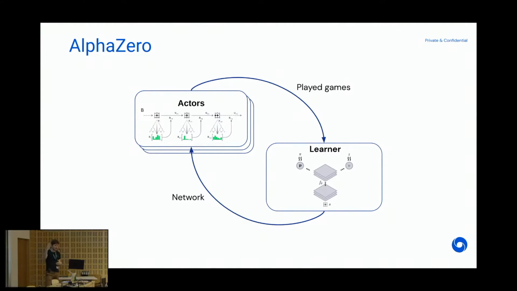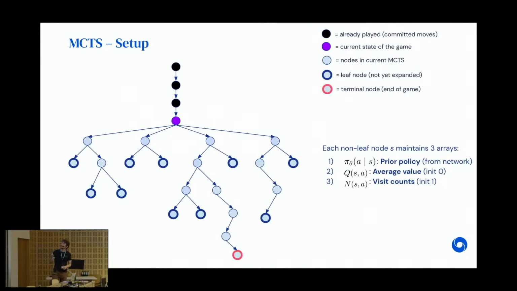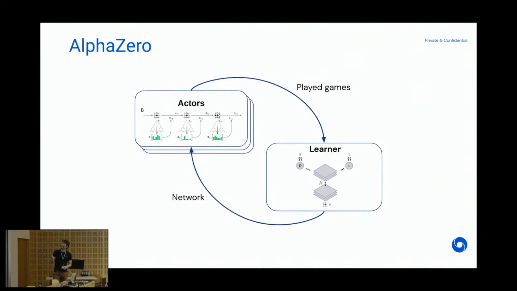And this self-improvement loop will be sustained, and the agent will keep improving. So as I mentioned, the tree search actually happens on the actors and actors only, and there is one tree search carried out before deciding on every move inside the game. So let me now talk in more detail about this Monte Carlo tree search, which is a key component of the algorithm.